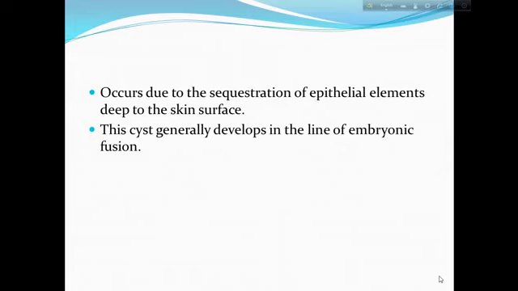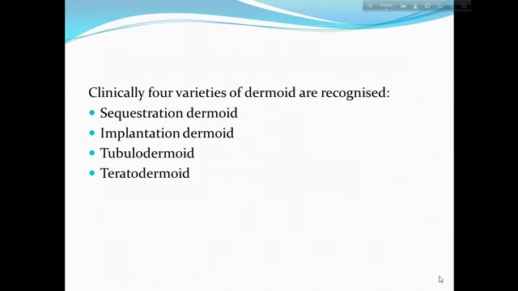This cyst generally develops in the line of embryonic fusion. Clinically, four varieties of dermoids are recognized: sequestration dermoid, implantation dermoid, tubulodermoid, and teratodermoid.